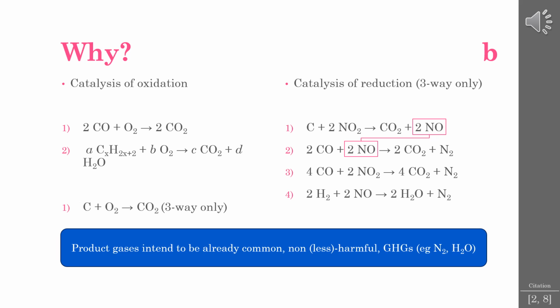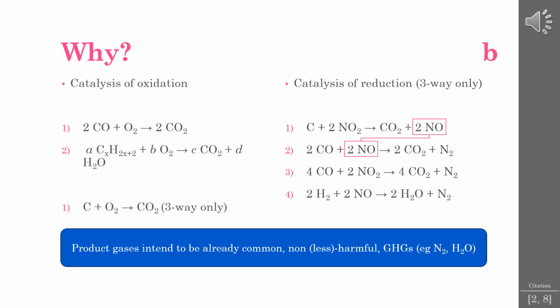So looking at the oxidation equations, we can see carbon monoxide and the second one there, CxH2x+2, is just how it deals with any alkanes, and then the letters will change because the size of the alkane will affect how the equation is balanced. And so they're forming CO2 and water.